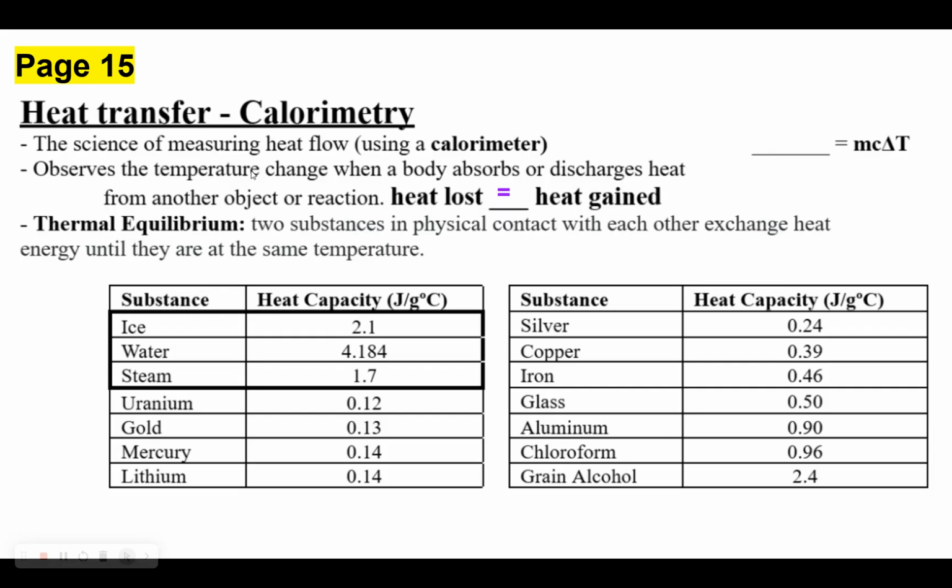But when it comes down to it, we're going to be using the temperature change of our calorimeter, so that's going to involve our MC delta T equation every single time, in order to get information about some other system that's changing heat, whether that is another system changing temperature, another MC delta T, a reaction producing heat that we can measure with that MC delta T, or even a phase change, something melting, freezing, boiling.